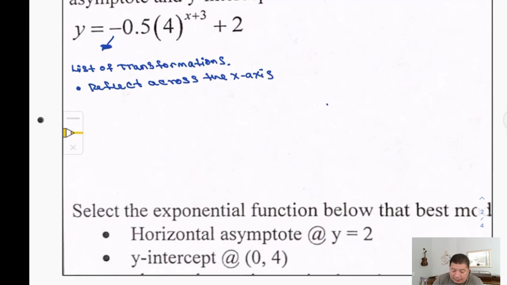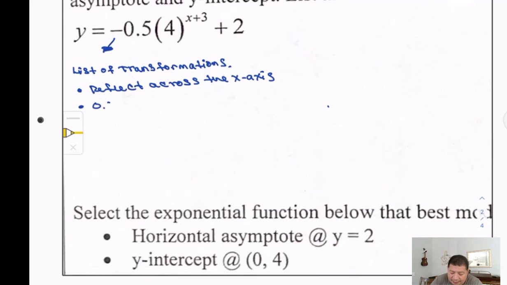In addition to it, we have 0.5. If we were to take that number and turn it into a fraction, let's go through the steps: 5/10, we simplify it, we get 1/2.